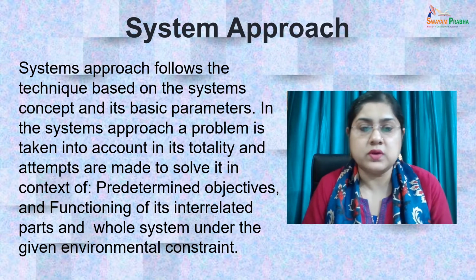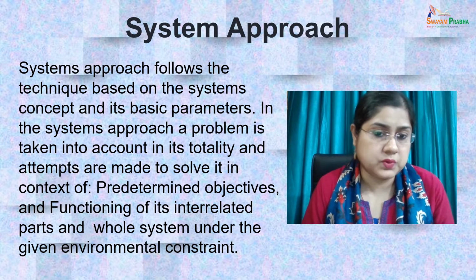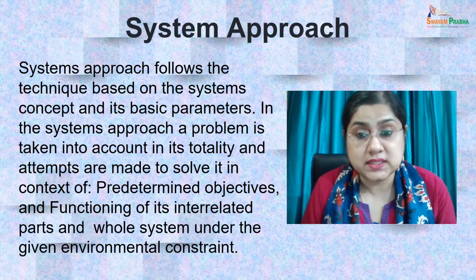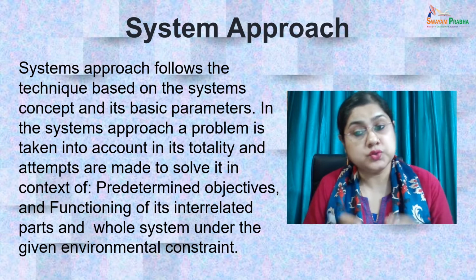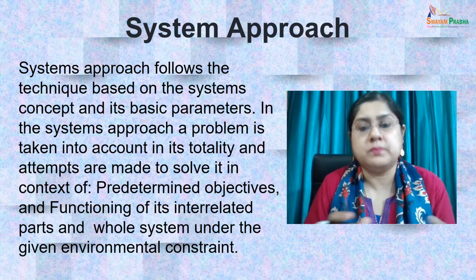And in this particular approach, which we know by the name of systems approach, a problem is taken into account in its totality, and attempts are made to solve this problem in the context of two important things.